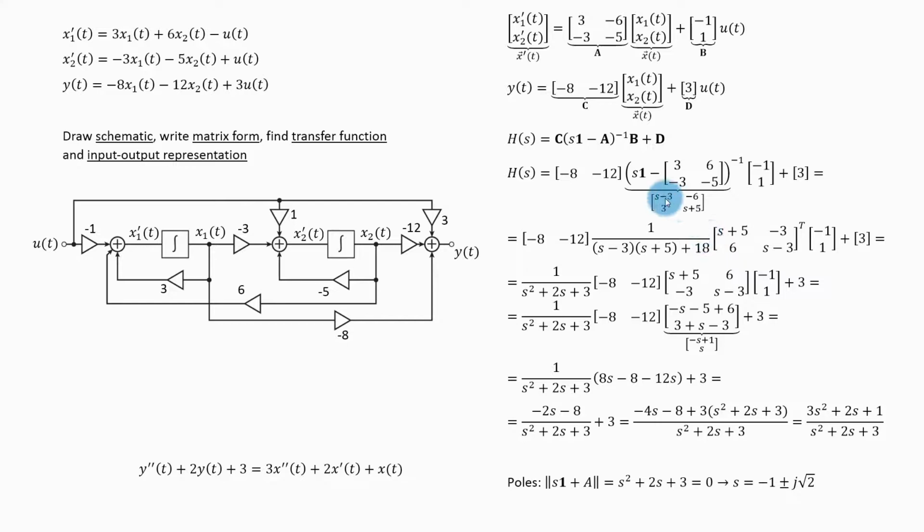For this position, the cofactor is this term, this s plus 5. For this position, the cofactor is this term, this s minus 3. For this position, the cofactor is negative this term, which is this plus 6, and for this position the cofactor is negative this term, which is this minus 3.